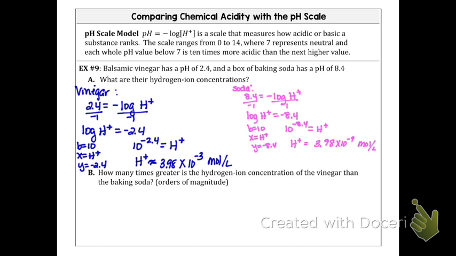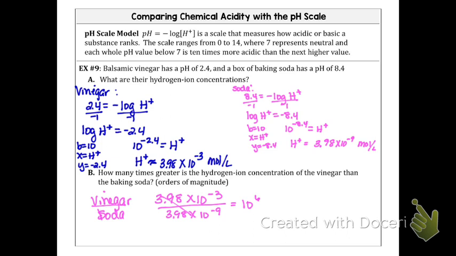All right, B says, how many times greater is the hydrogen ion concentration of vinegar than the baking soda? So we want vinegar to baking soda. So the vinegar was 3.98 times 10 to the -3, and the soda was 3.98 times 10 to the -9. So this gives me 10 to the 6th.